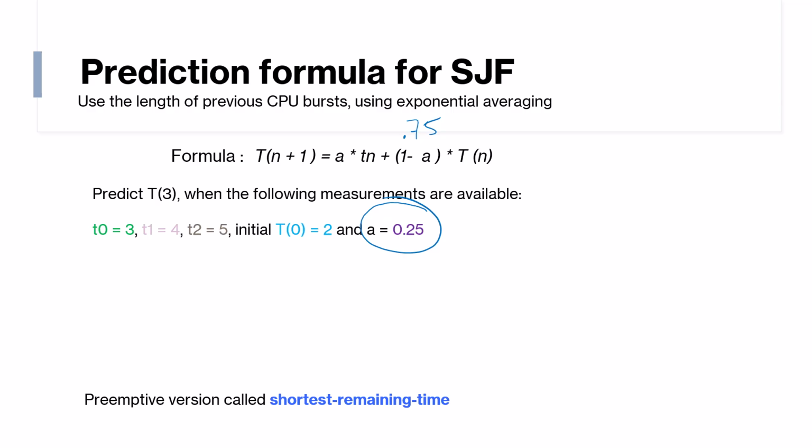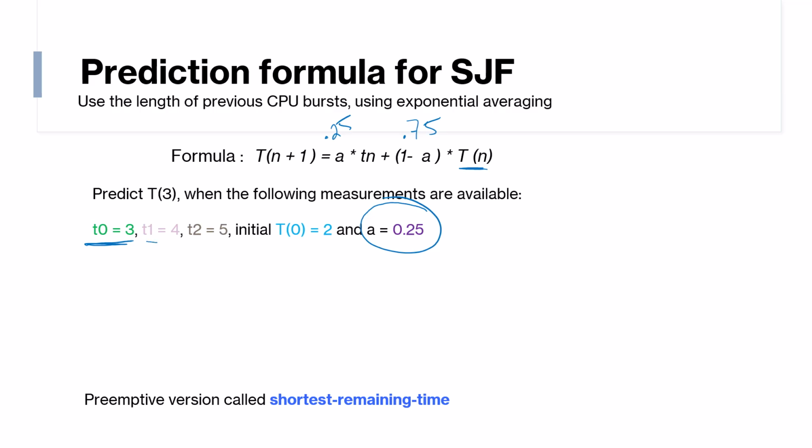So that means that the previous calculations are 0.75 and the last burst is 0.25. So it's just math and plugging in. You have to be given the bursts, obviously.